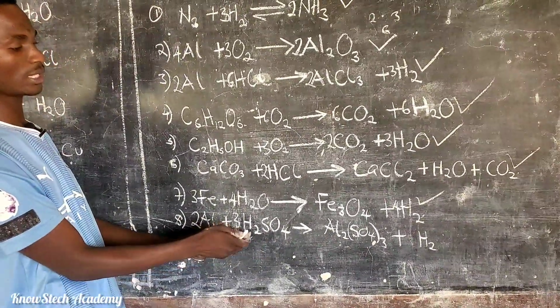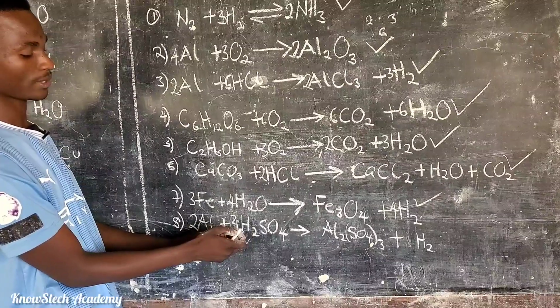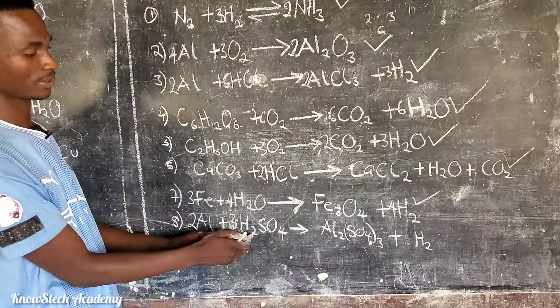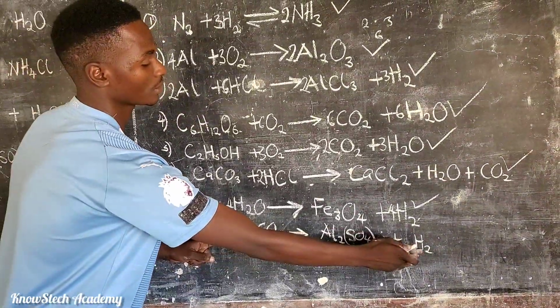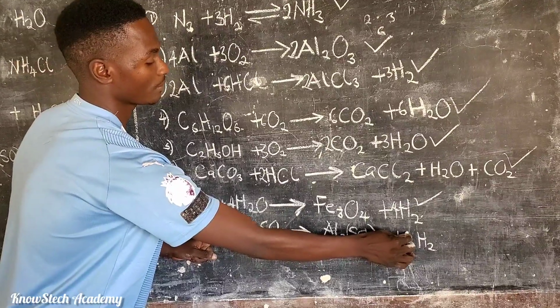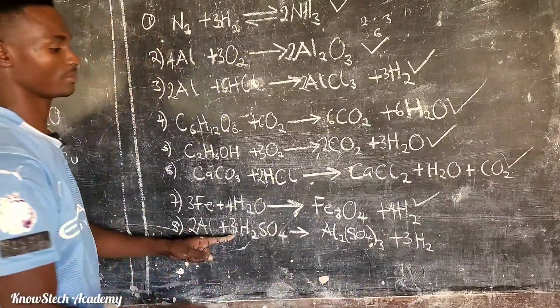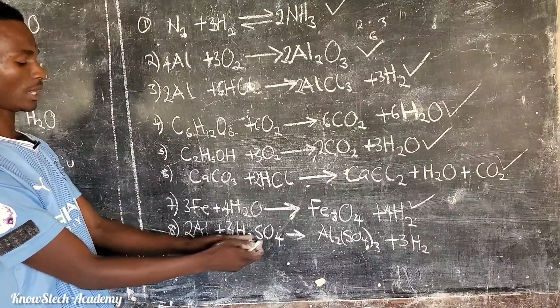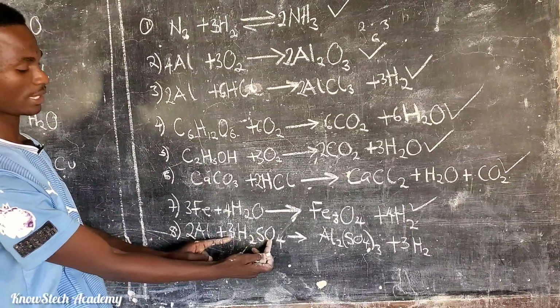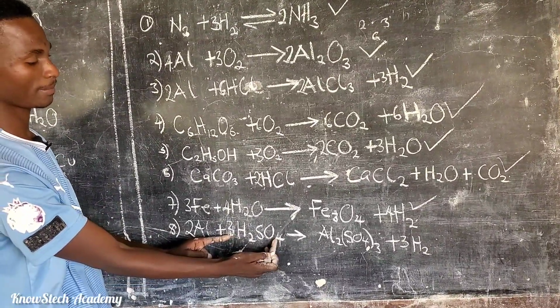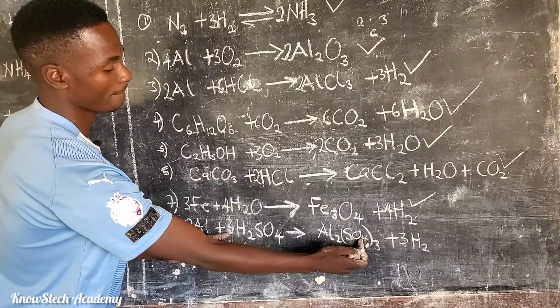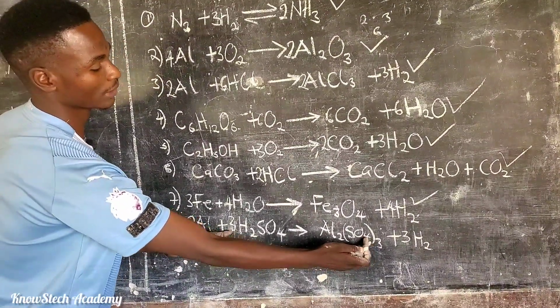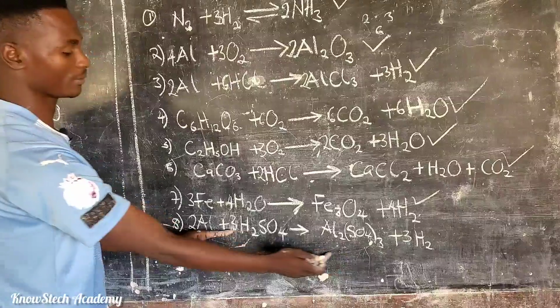But hydrogen is what here now? 6. Here, 2. So what are we going to do? We add a 3 here, so it becomes also 6. Then we go to oxygen. How many atoms of oxygen here? 3 times 4 is what? 12. Very good. How about here? 4 times 3? 12.